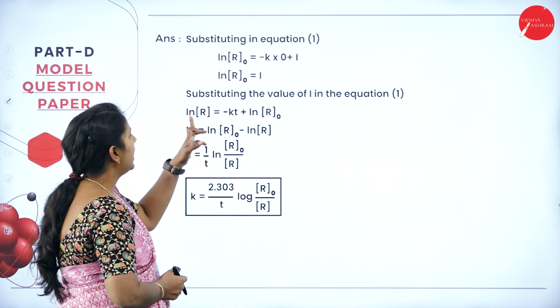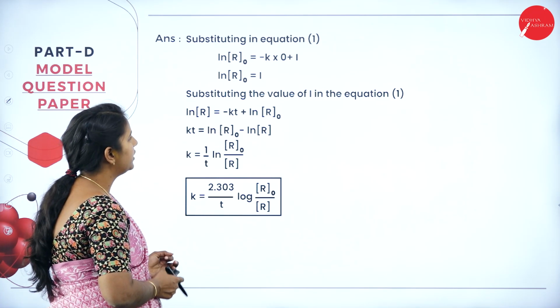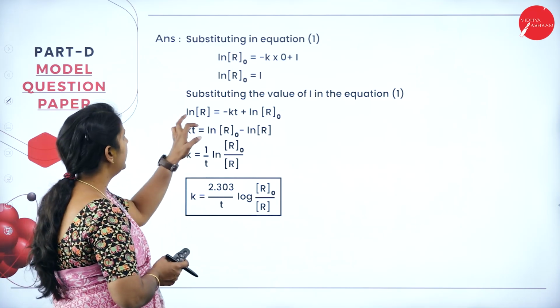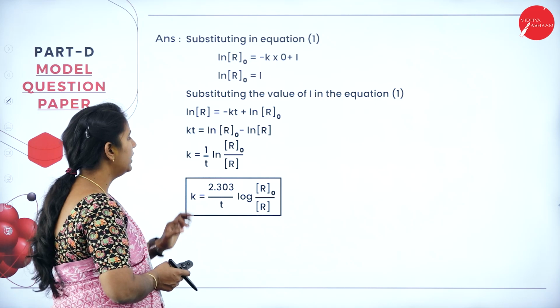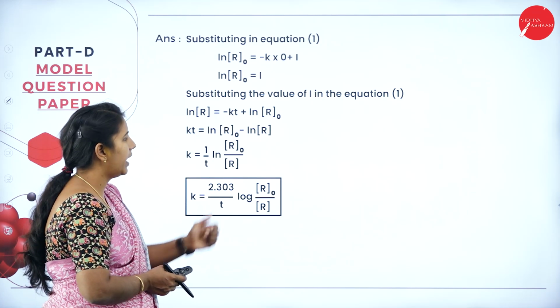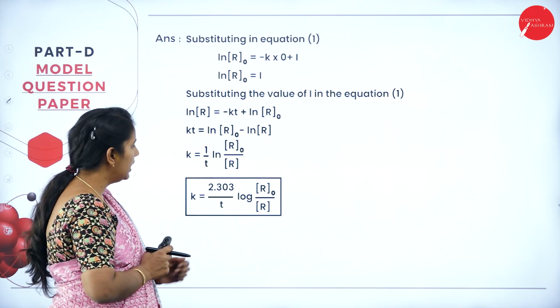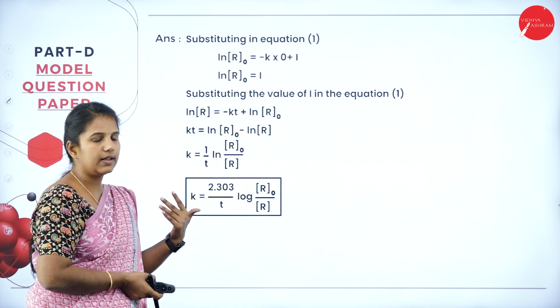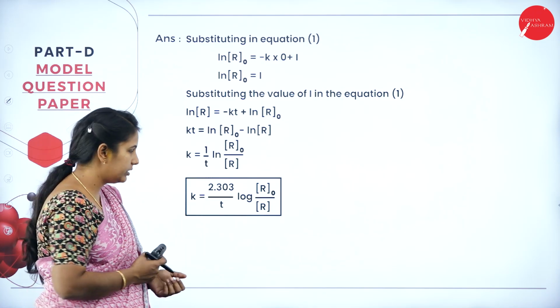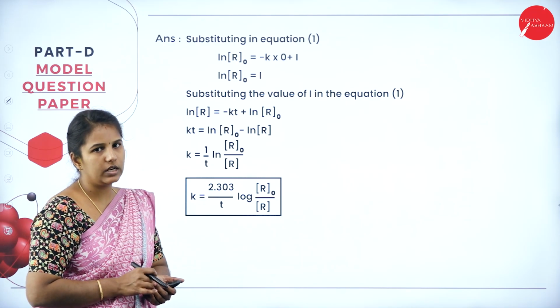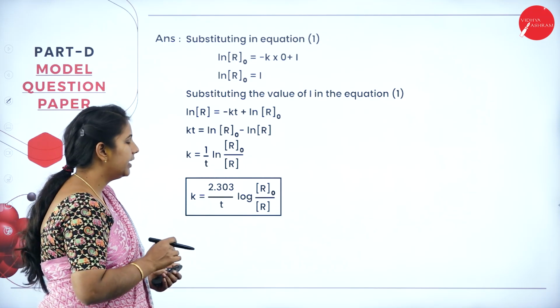You will get ln R is equal to minus kt plus ln R naught, or if I take kt outside, kt is ln R naught minus ln R, and I can rewrite this as k is equal to 1 by t into ln R naught divided by R. Since we know that it is in ln, we can convert it into logarithm by multiplying with 2.303. If you multiply this, finally you will get k is equal to 2.303 divided by t into log of R naught divided by R.